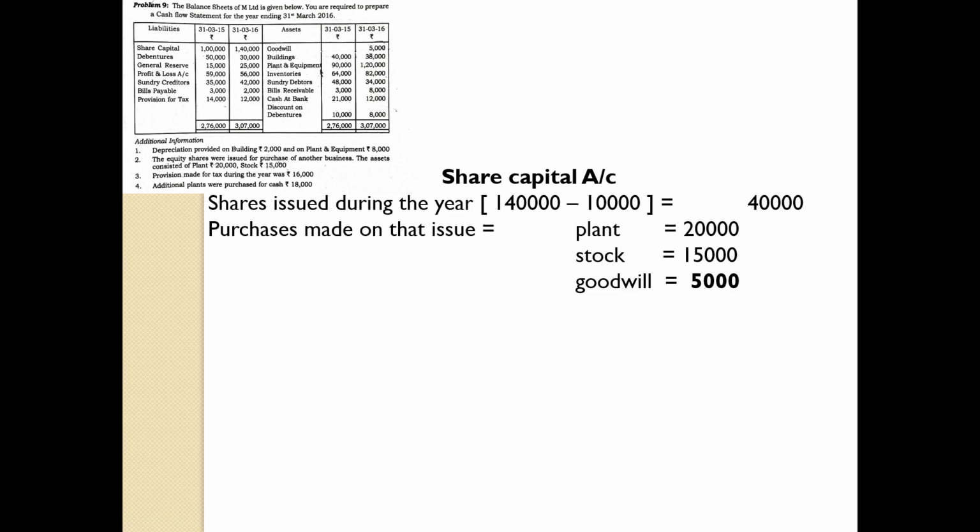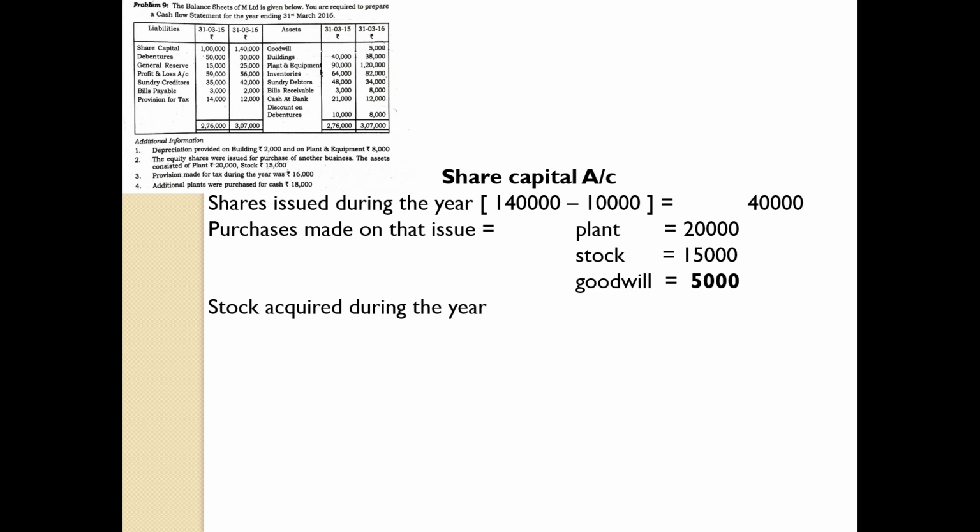So let us go with the preparation of the share capital account. Before going into that, there is one thing. In the adjustment, it is said that the concern has issued certain shares to purchase plant and stock. Stock is rupees 15,000. Since the stock comes under the current asset part, you need to exactly identify the stock acquired during the year.